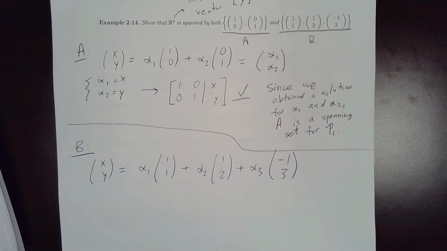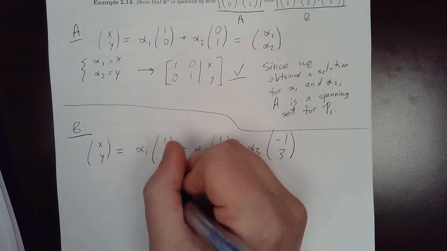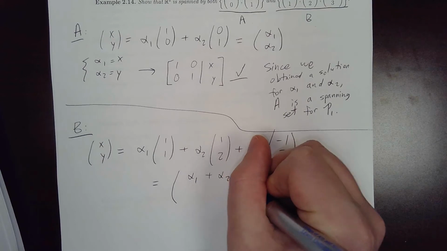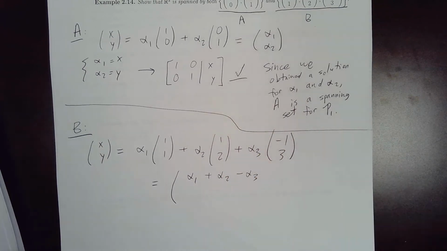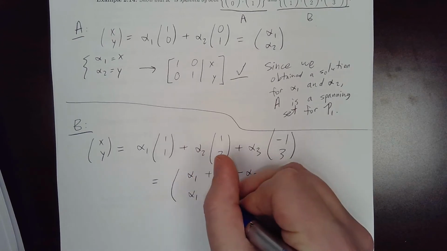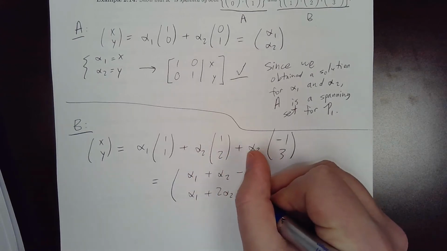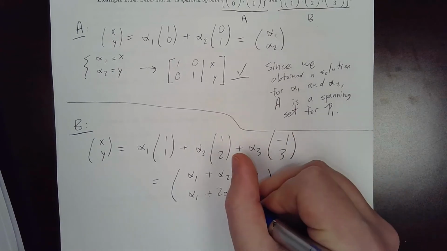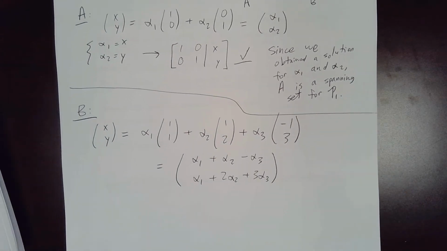Multiplying through and combining, we get alpha 1 plus alpha 2 minus alpha 3 for the first entry, and alpha 1 plus 2 alpha 2 plus 3 alpha 3 for the next entry.